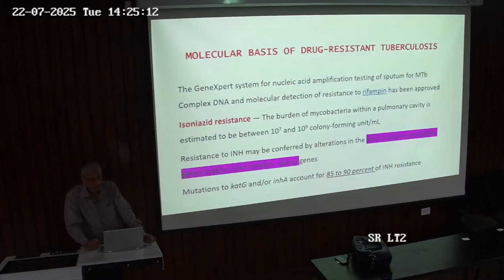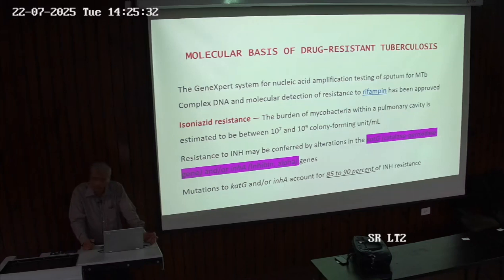Now, what is the basis of drug resistance as far as the molecular aspect is concerned? The GeneXpert system for NAA testing of sputum for MTB complex DNA and molecular detection of resistance to rifampicin has been approved.